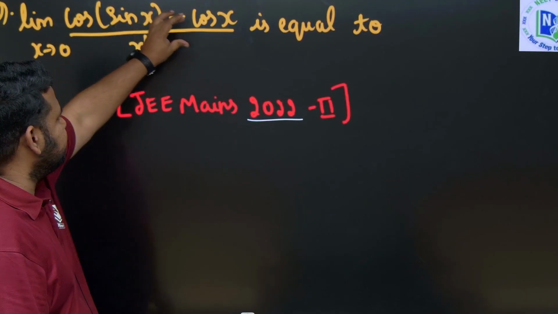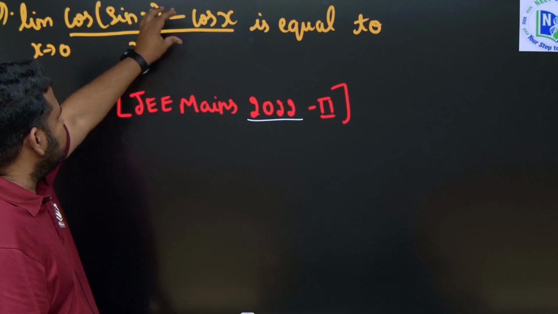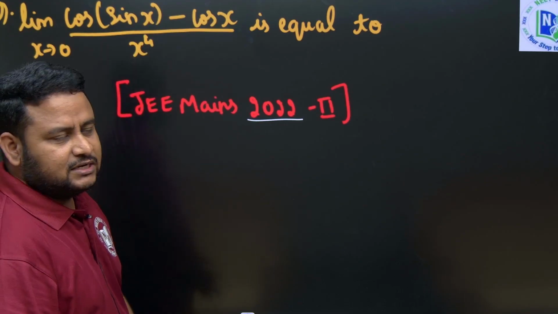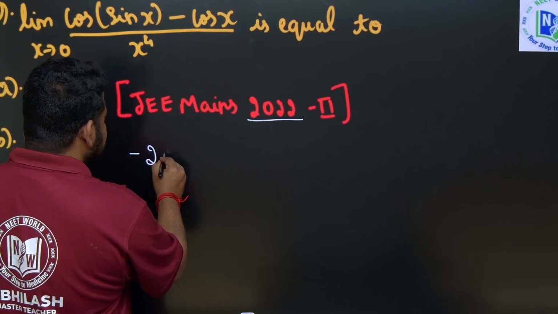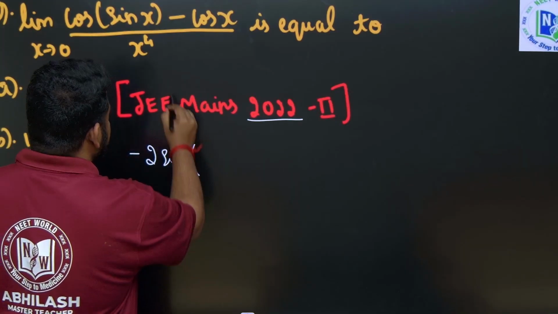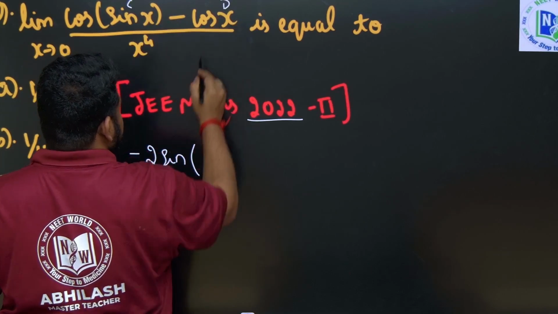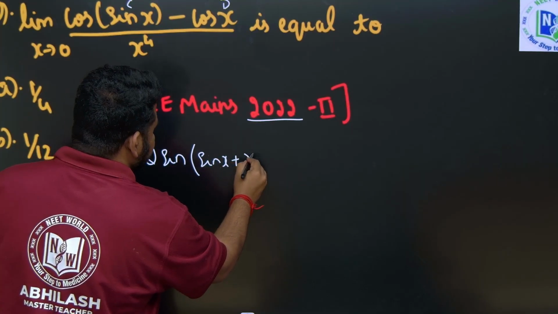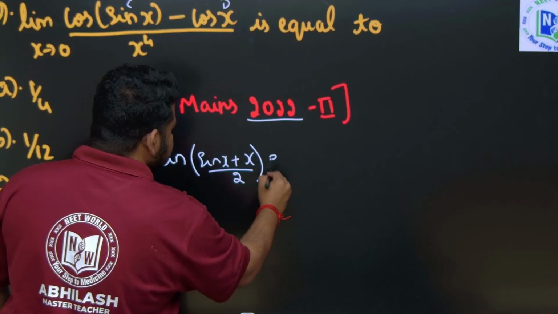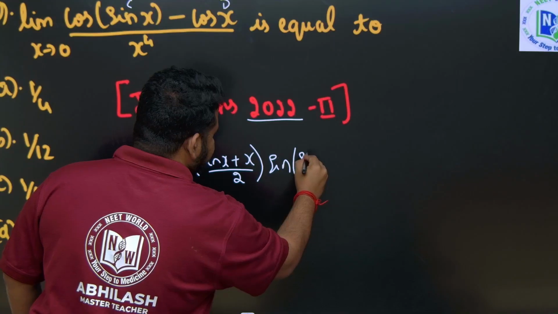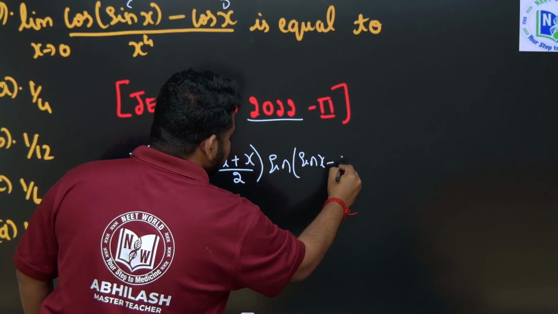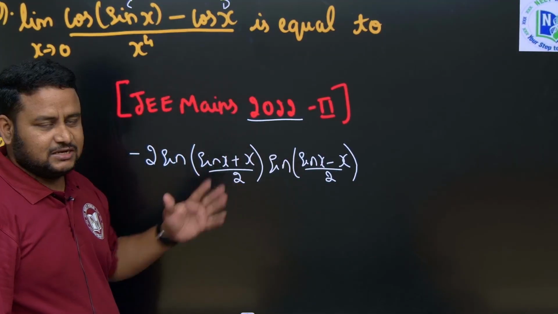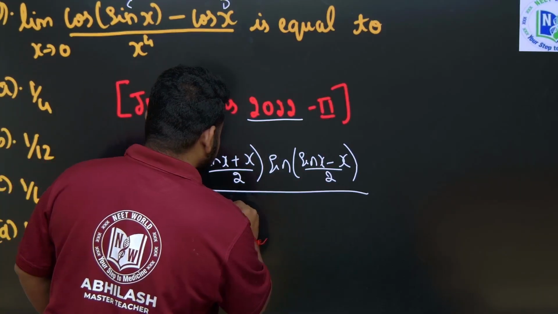This is of the form cos c minus cos d, divided by x to the power of 4. Cos c minus cos d, what is the formula, friends? It is nothing but minus 2 sin of (c plus d) by 2 into sin of (c minus d) by 2, divided by x power 4.